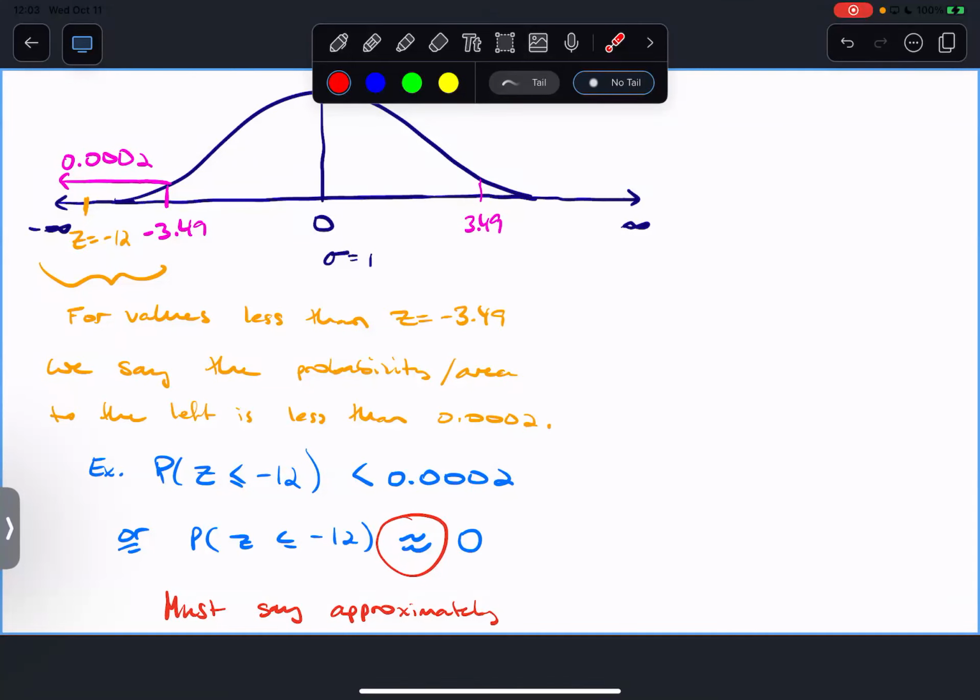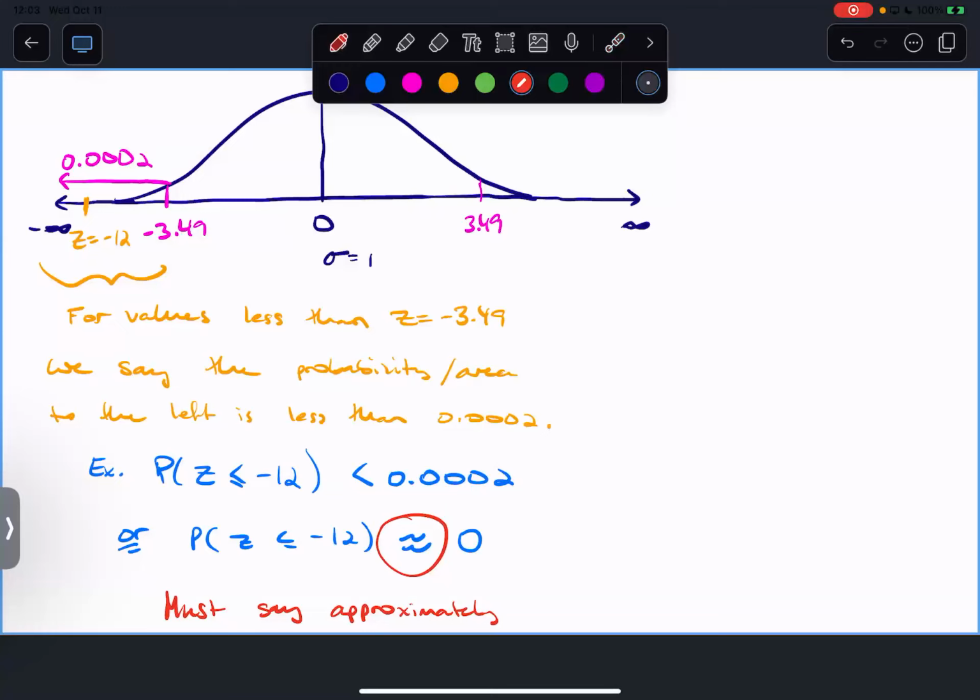Without using the table, but I mean, you can if you want. What's the probability, the area under the curve, of a Z score greater than or equal to 3.49? Keep in mind there's symmetry around the mean, right? So the tail area from negative 3.49, I already know is 0.0002.